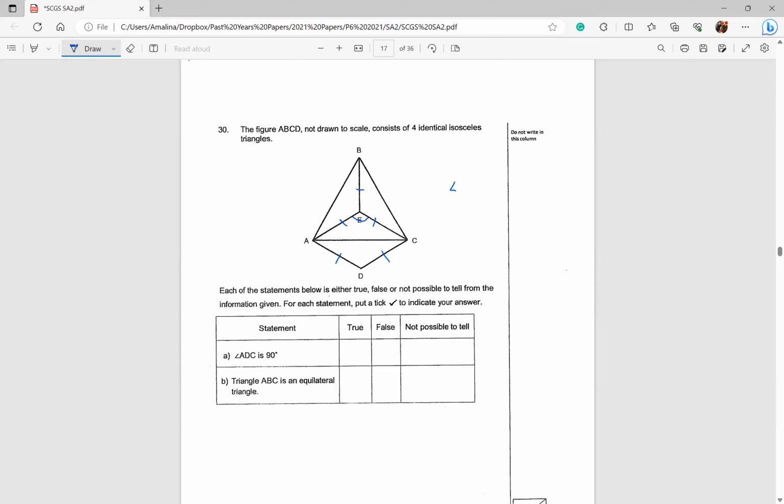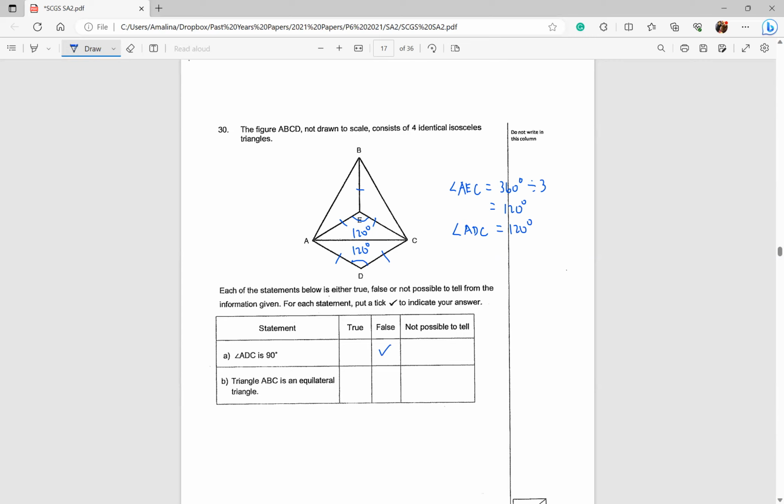So angle AEC is equals to your 360 divided by 3, because these three angles are similar and angles at a point is 360 degrees. So 360 divided by 3, angle AEC is 120 degrees, which means that my angle ADC is also 120 degrees. So the first one is actually false.